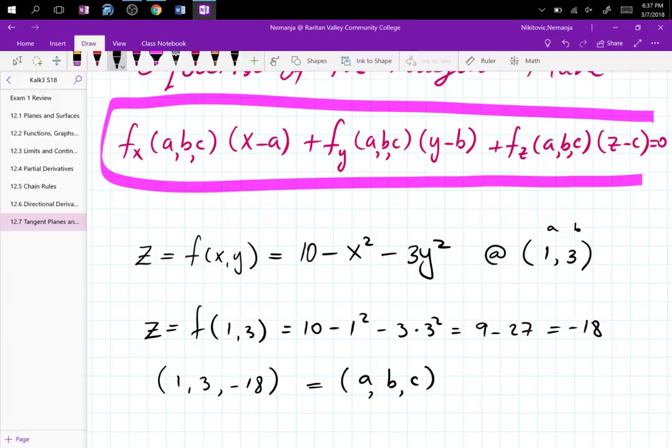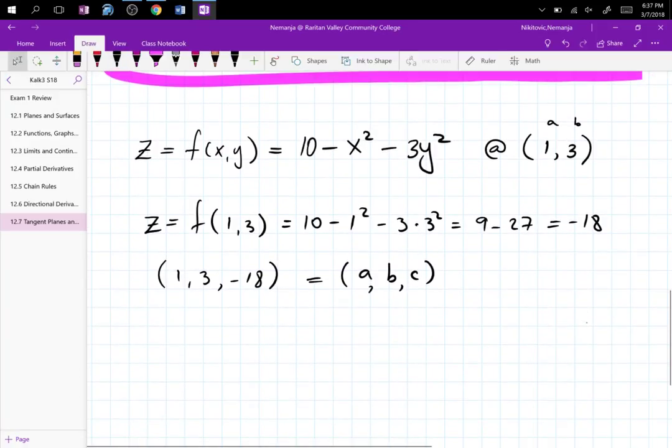Okay. Now we need to figure out all of the partial derivatives so that we can find the normal vector. So that's going to be fx. First off, you will need fx, fy, and fz. So I'm going to take this z and move it to the other side of the equation and have everything equal to 0.